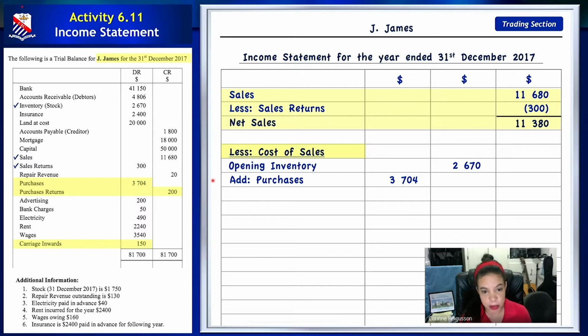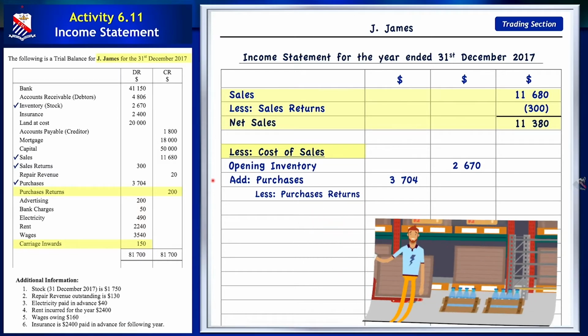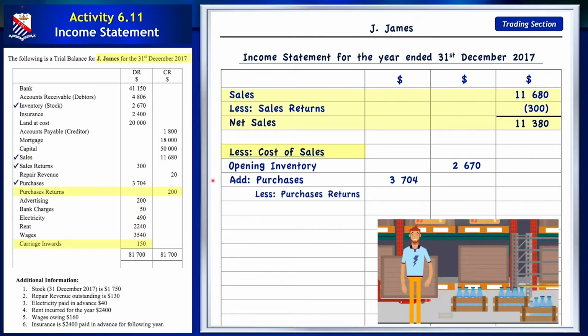And the first adjustment we're going to make is we're going to less purchases returns. So we're lessing purchases returns from purchases, because you have returned those goods. They no longer belong in purchases. You don't have that stock anymore. Purchases would be the stock that you had purchased.